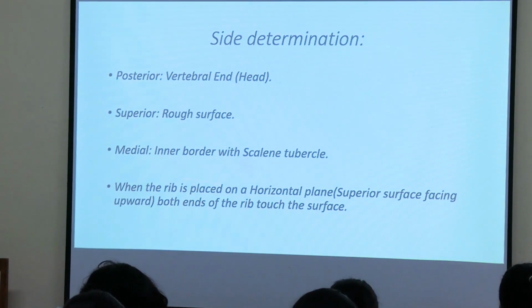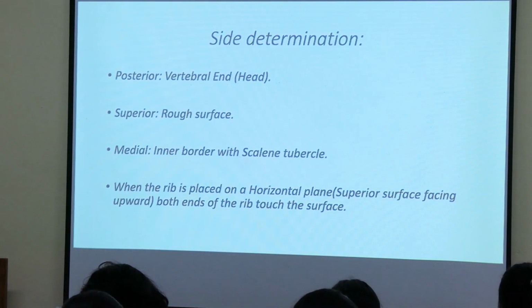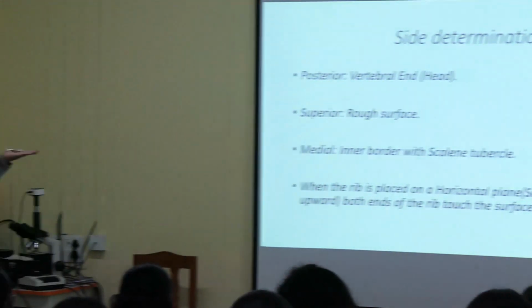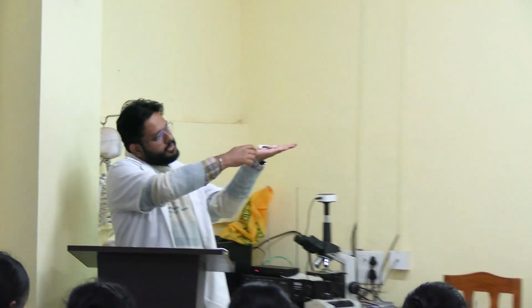When the rib is placed on a horizontal plane, it can be not in anatomical position. If you hold it like this, both the ends will touch the surface. Not in anatomical position. Usually, if you place it on a horizontal surface, both the ends will touch the surface.